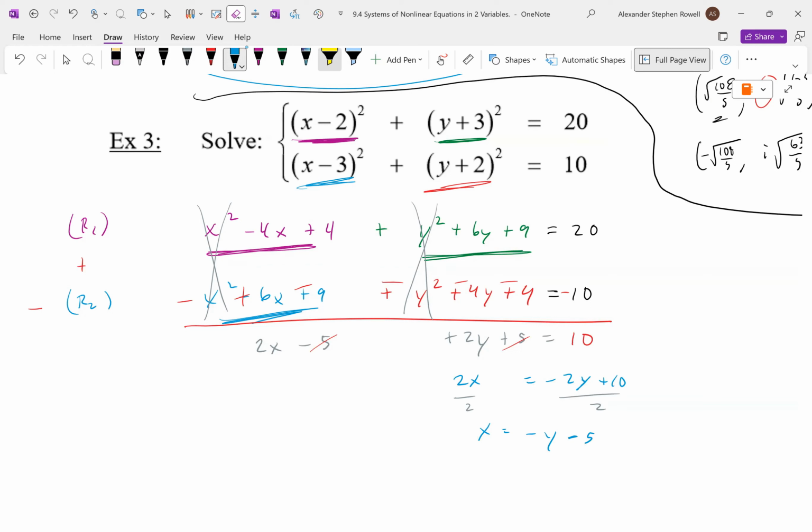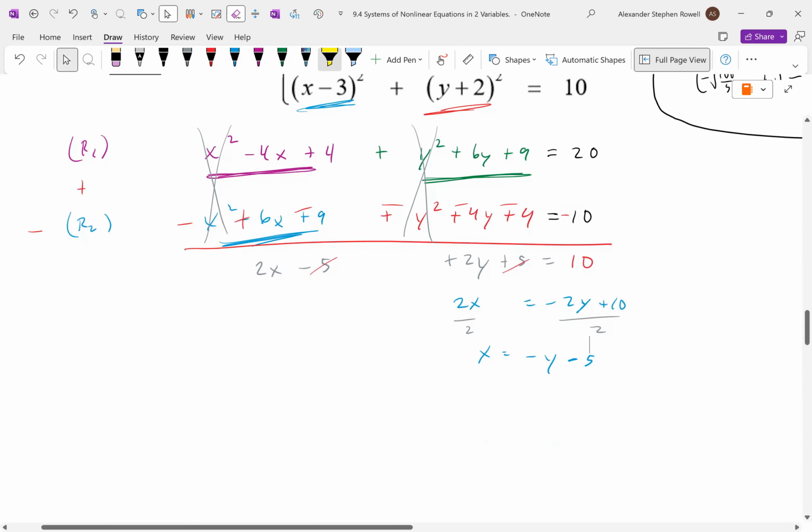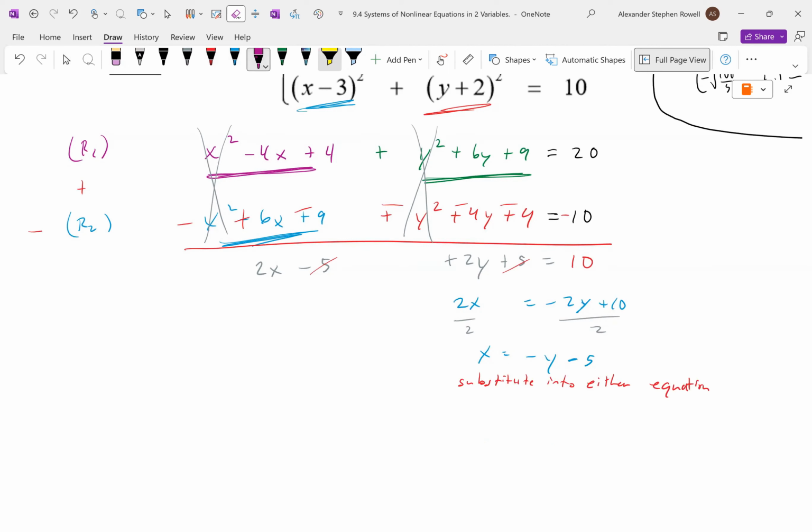So I can plug this in or substitute into either equation because I've already used both. I'm going to substitute into equation 1. So that would be x squared minus 4x plus 4 plus y squared plus 6y plus 9 is equal to 20.